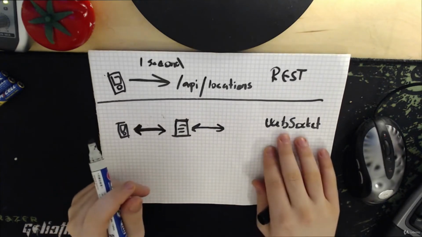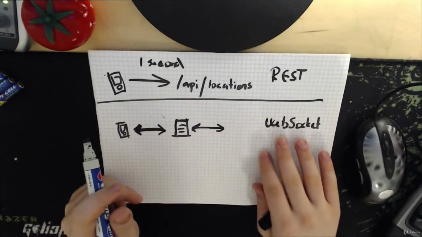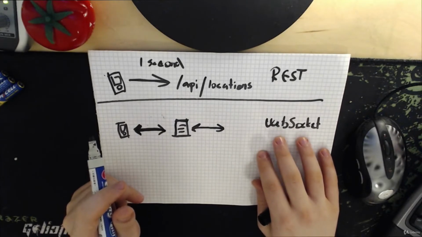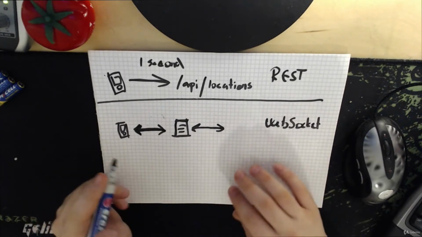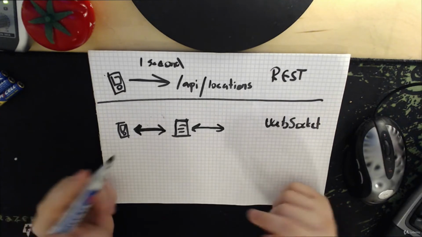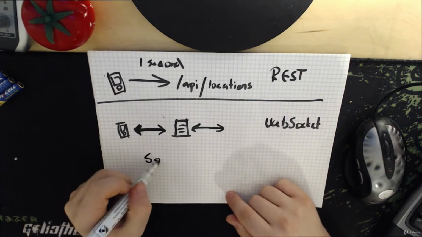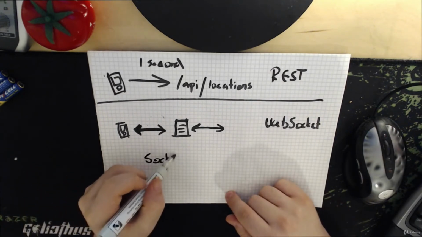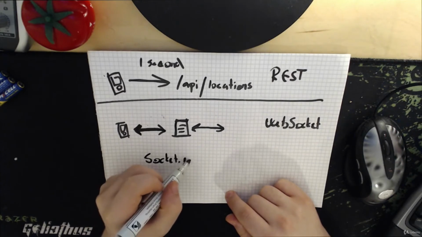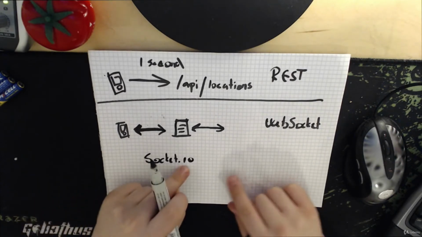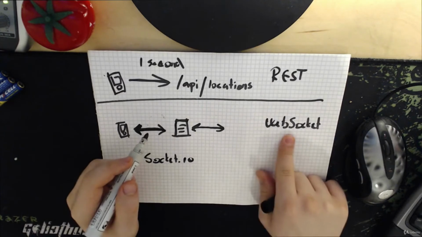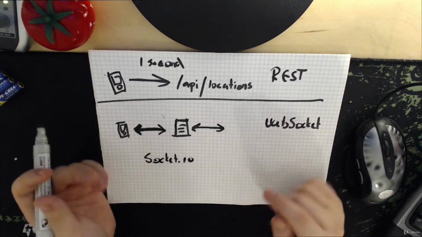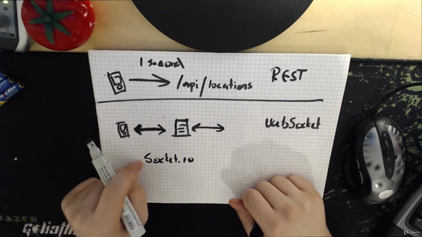There's a raw WebSocket implementation you can use both in React Native and in browsers. However, I would recommend that you use some kind of wrapper for it. And that's what we use Socket.io for. It's a wrapper implementation for WebSockets, which makes it a lot easier for you to use WebSockets.